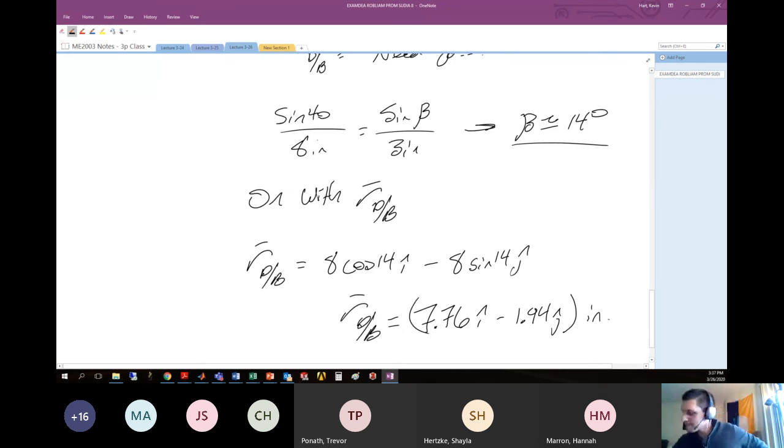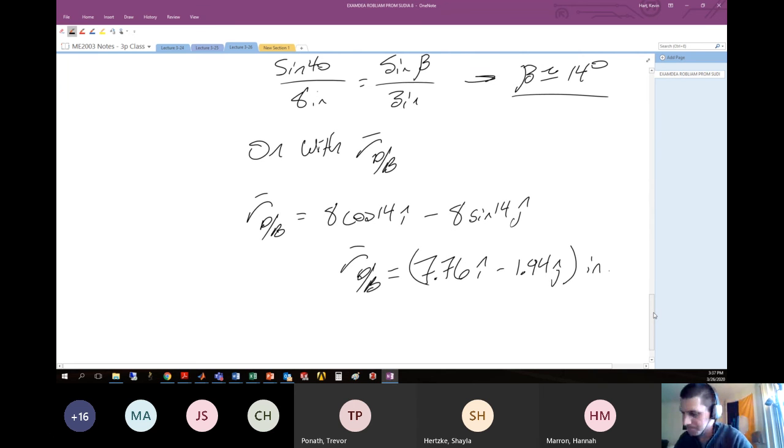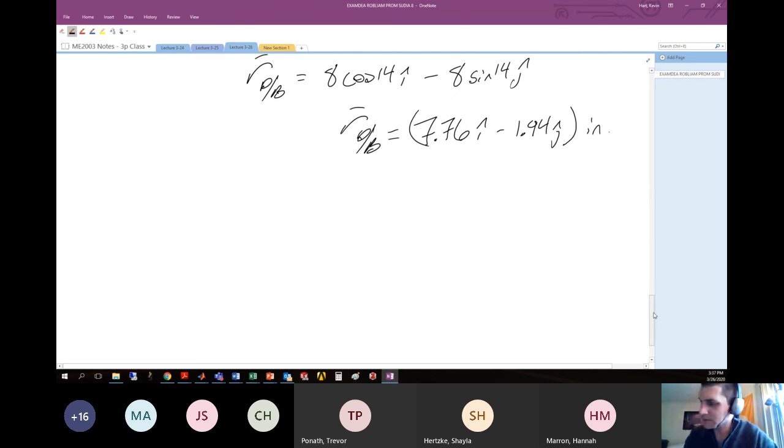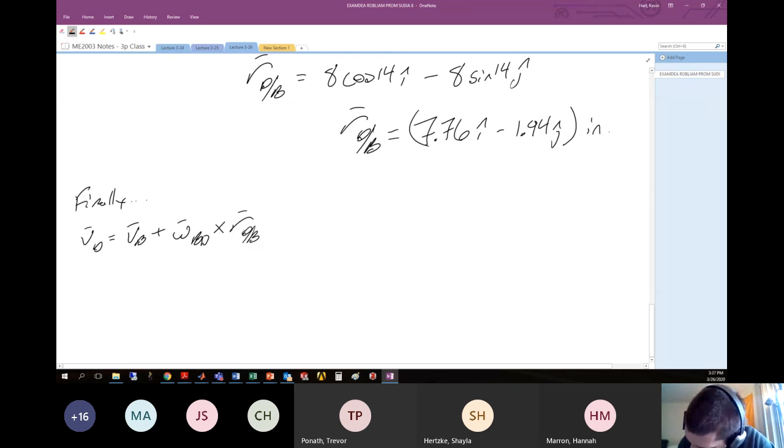Okay, so nearing the end here. Finally, we'll come back to the velocity of D is the velocity of B plus the angular velocity of BD crossed with the position vector locating D from B. The velocity of D, I'm going to write as the magnitude of the velocity in I hat.